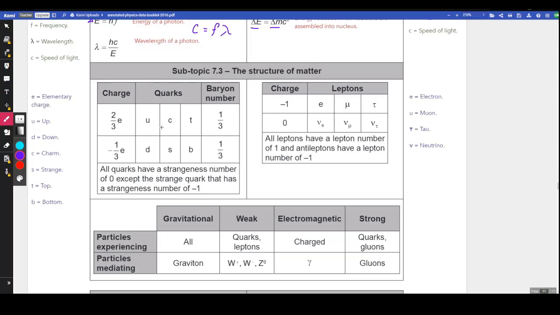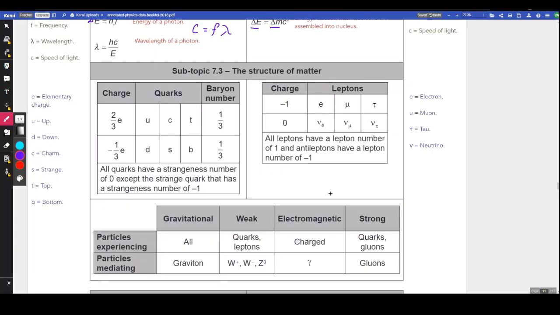7.3, I think again is very obvious. You can see all the names of the quarks, and you just have to pay attention to the strangeness. So for a strange quark it is -1, not positive, while for anti-strange, its strangeness is +1 instead. Again, don't ask me why.